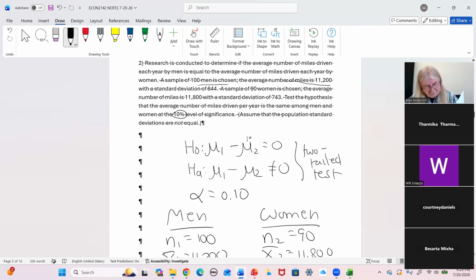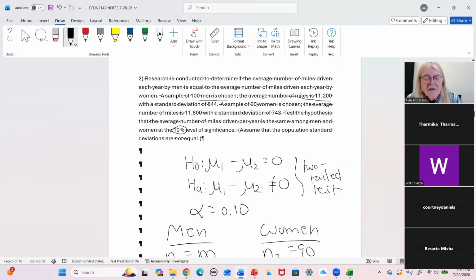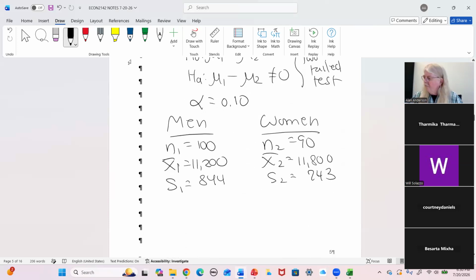You know what I'm noticing here? I guess I'm going to have to really update this thing. It looks like in my answers, the intention was for these two standard deviations to be the population standard deviation, but I don't see it there. I must have really been rushing through this.